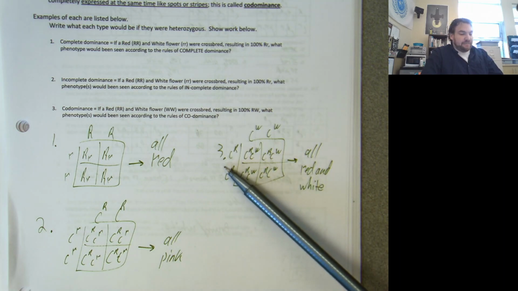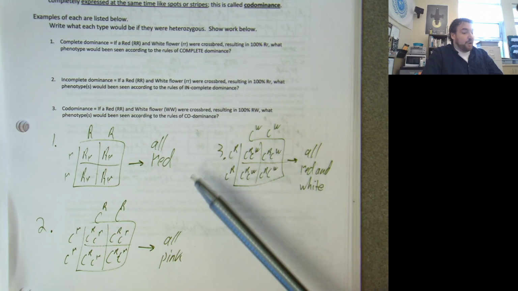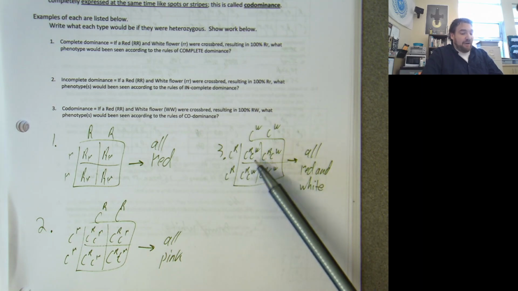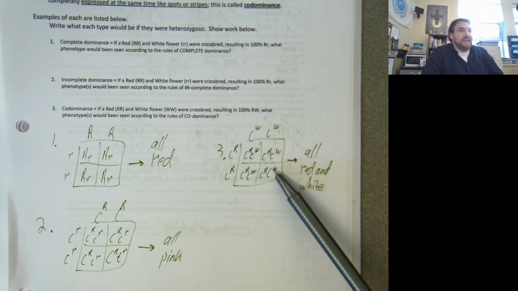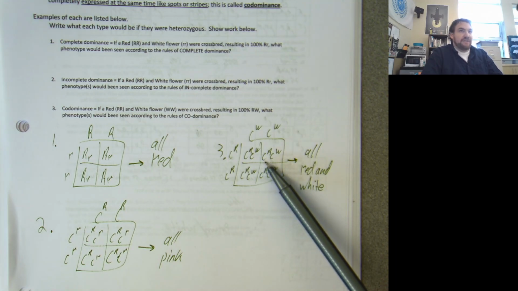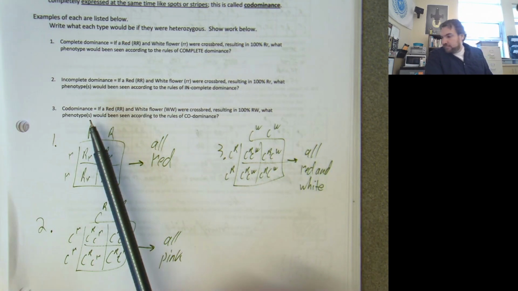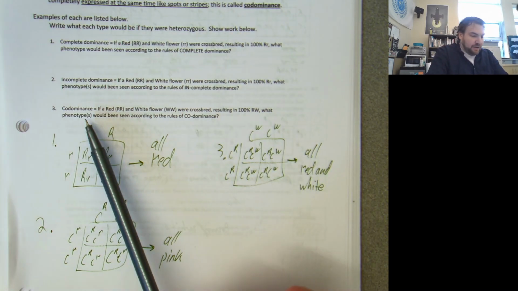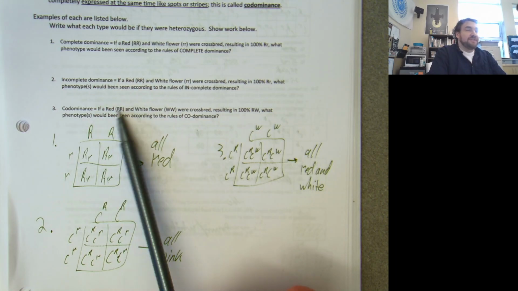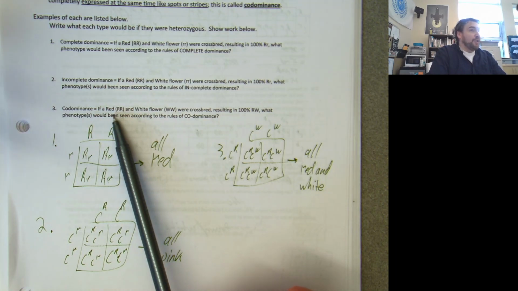Question 3 is codominance, the same thing. I've now got all of them heterozygous. So what does it mean if you have a heterozygous genotype with a codominance set of traits? If they're codominant, it means both traits will be expressed fully.